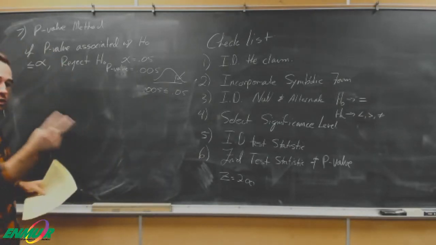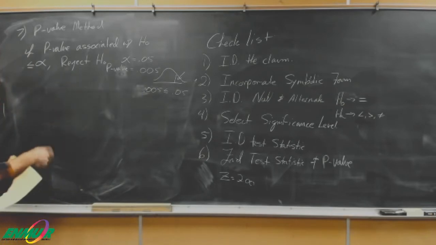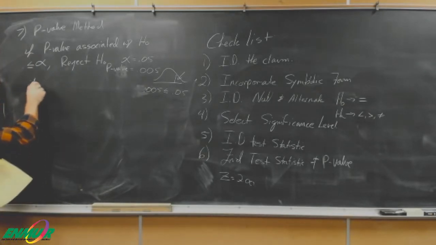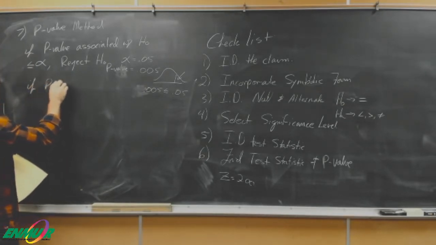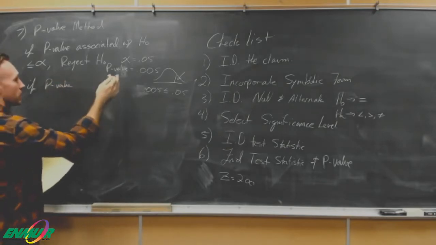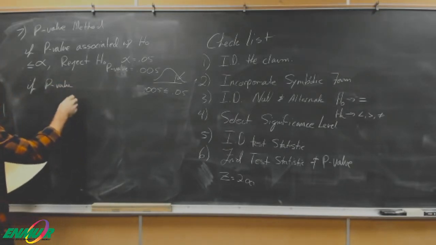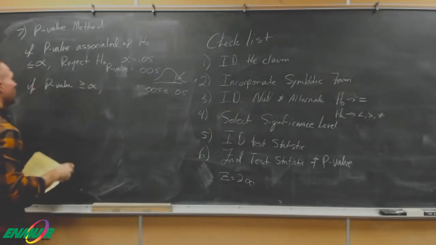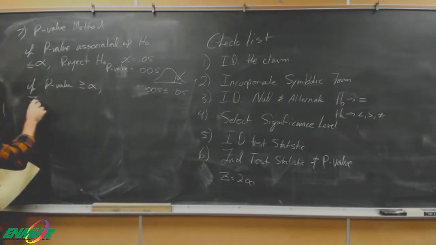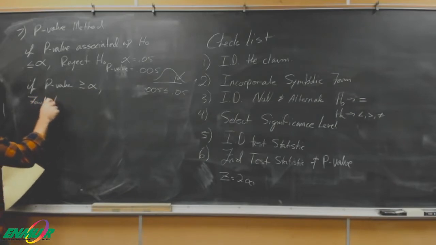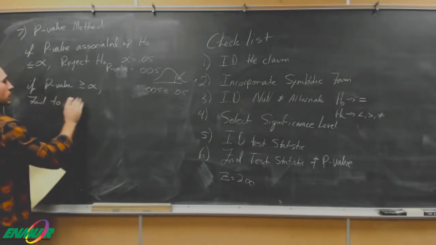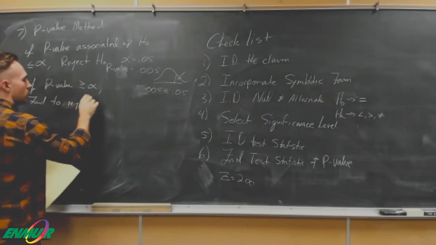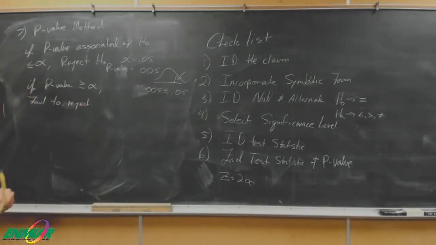Now there's two sides to this coin. I have to reject and I fail to reject. So I also have the condition of if my p-value associated with my null hypothesis is greater than or equal to alpha, okay? Hopefully you're screaming at me that I'm going to fail to reject it, okay?